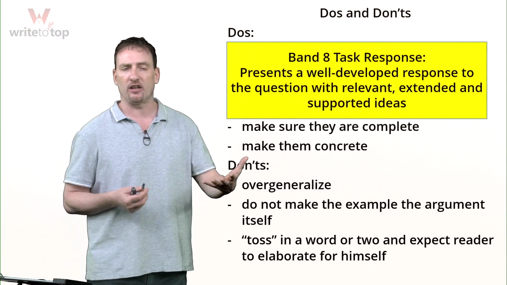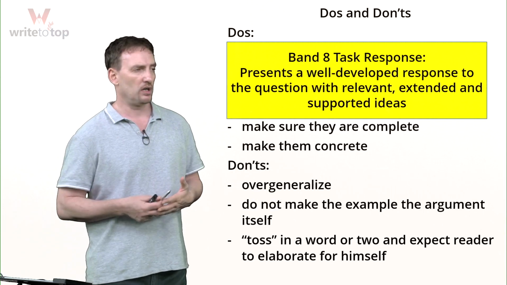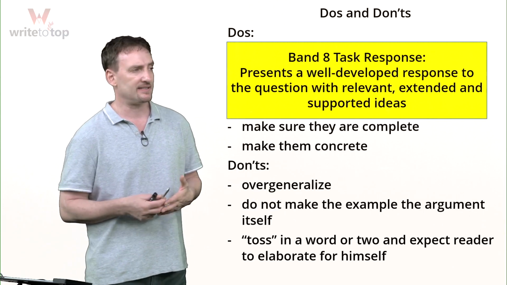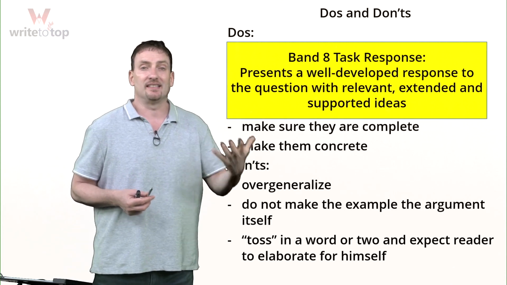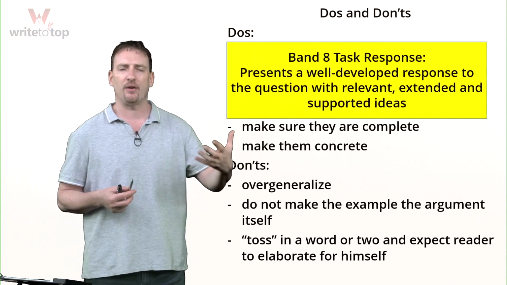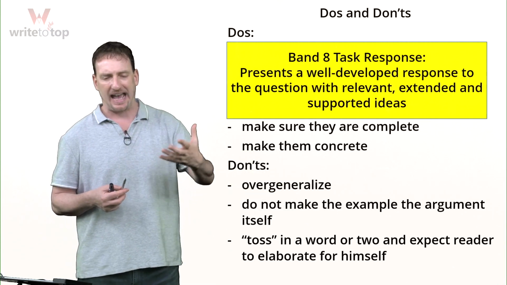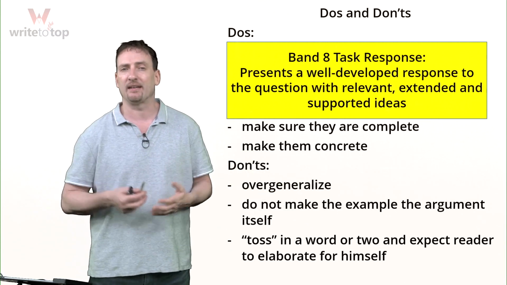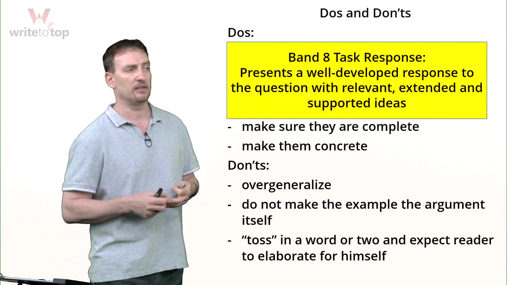Why do you think this argument supports the thesis or supports the whole idea of the essay? And supported ideas. Supported basically means examples. Did you show me how this argument works in the real world? Did you show me how it works, period, so that I can believe your argument, so that I can be convinced by your argument, okay?